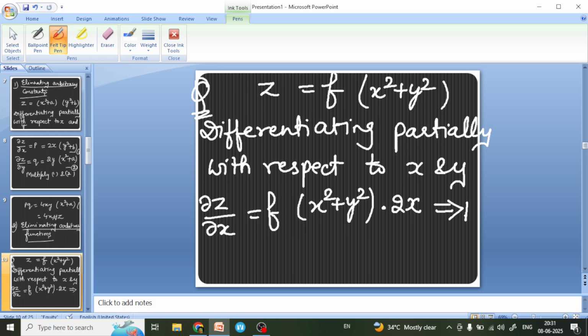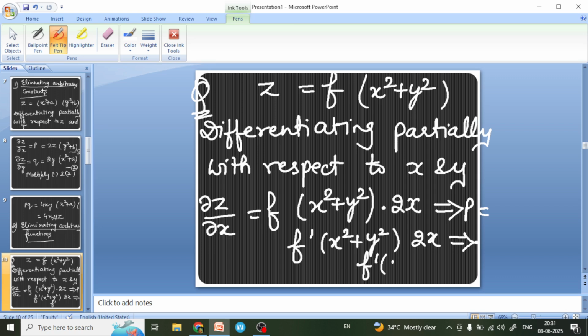So p is equal to f dash (x square plus y square) times 2x, and that gives f dash (x square plus y square) equal to p over 2x. This is the first equation.